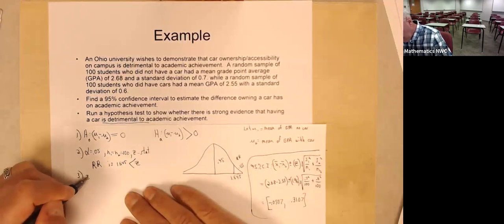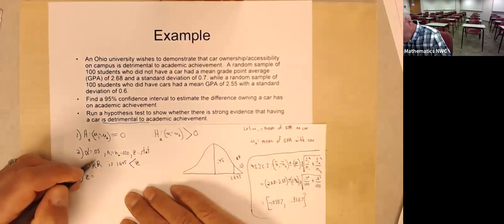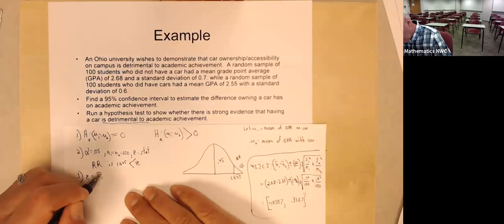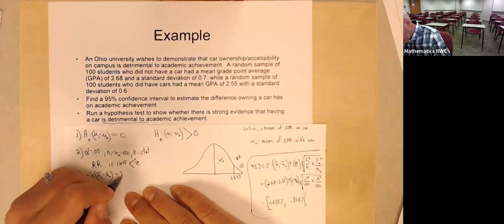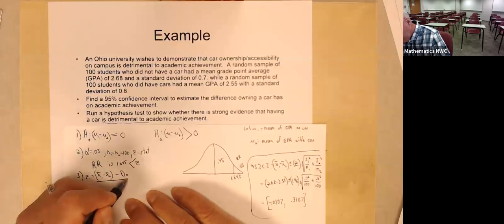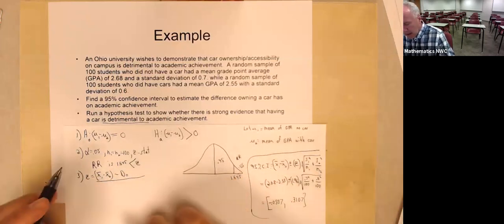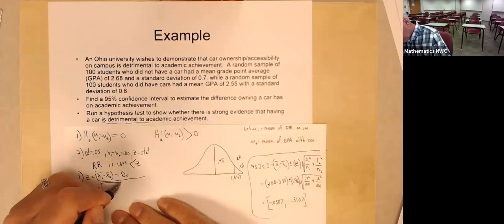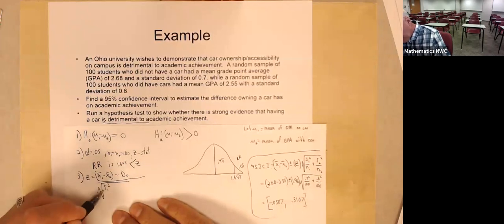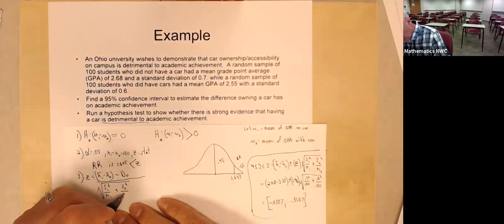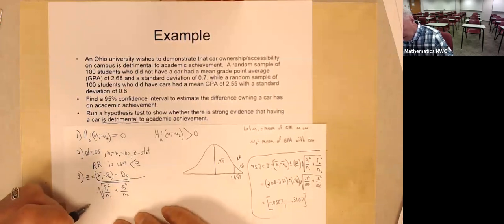Step number 3. My formula is again x1 bar minus x2 bar minus our hypothesized difference divided by this same standard deviation, and now goes in the denominator. Standard deviation of the first sample squared over the size of the first sample. Standard deviation of the second sample squared over the size of the second one.